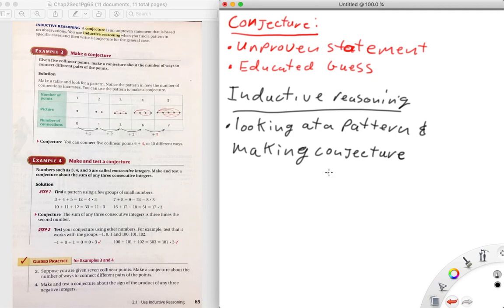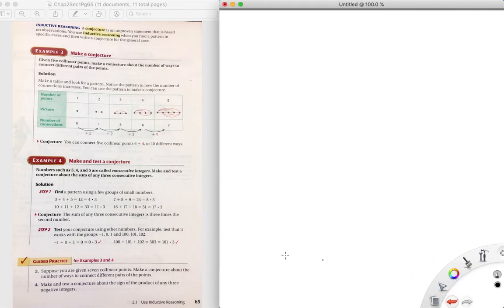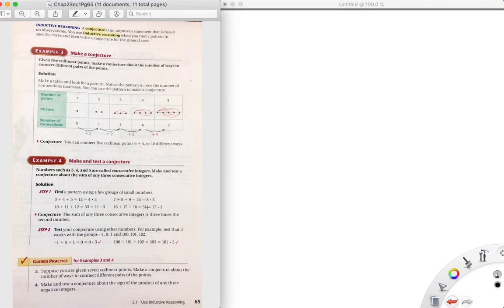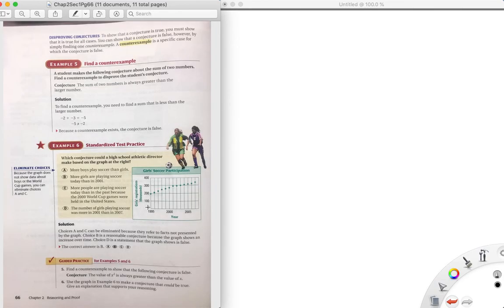So, conjecture, or you could think of it as an educated guess. Inductive reasoning: looking at a pattern and making a conjecture or an educated guess based off of the evidence or the patterns that you see. And then the book gives you a bunch of patterns and scenarios, but I'm not going to really get into that because I'm pretty sure you guys can recognize some patterns.